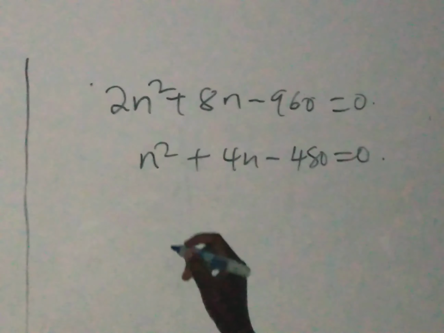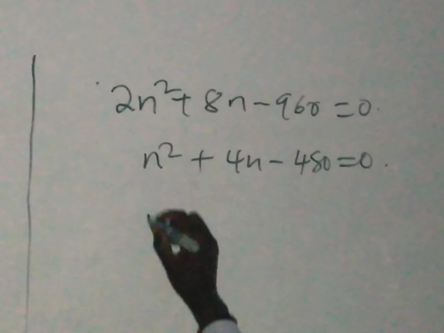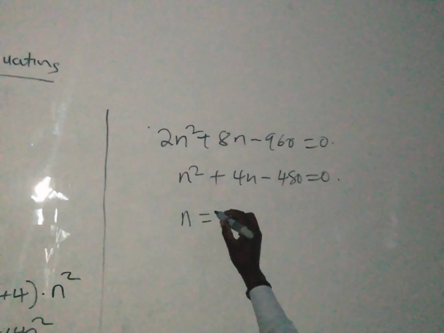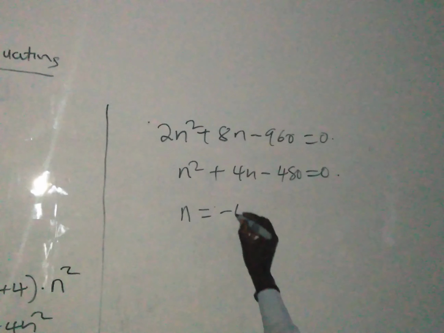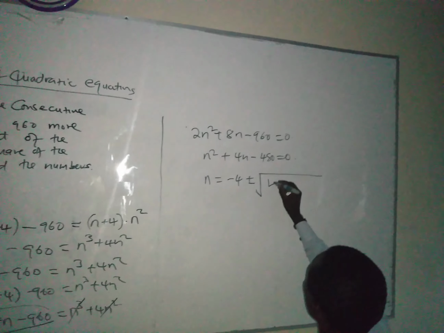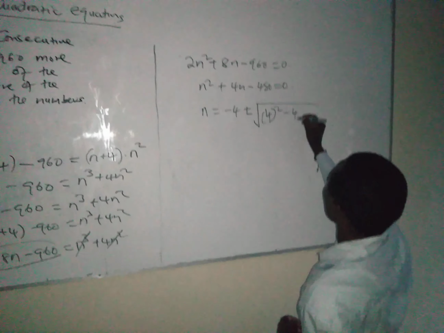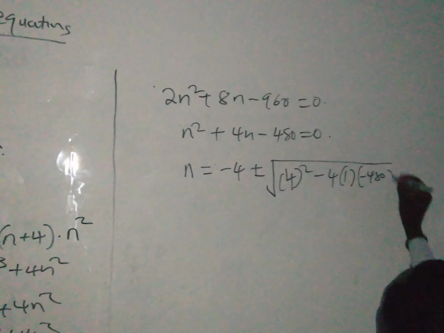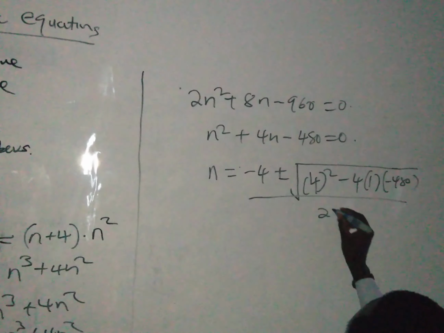So using the quadratic formula, n equals minus 4 plus or minus the square root of 4 squared minus 4 times 1 times minus 480, all divided by 2 times 1.